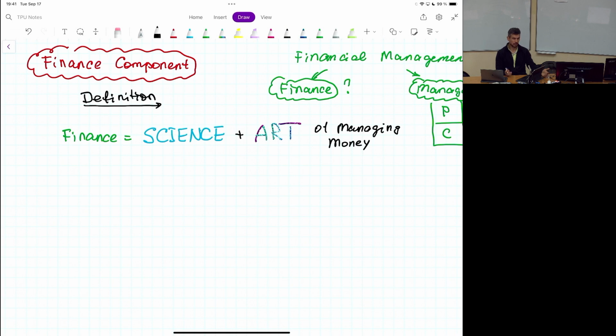Now, if you look at it, the word science kind of gives you the idea of something that you test, you study, there are laws attached to it, formulas, and so on and so forth. So science means in finance, there is a formal part. Formal means there is a fixed form of things.